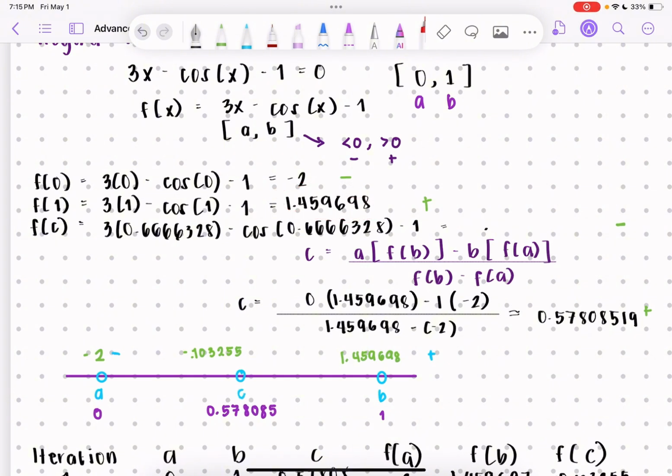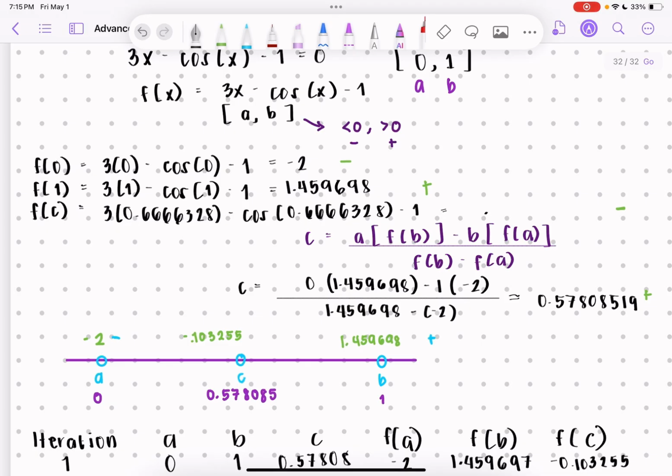Now you're going to solve for C after looking for the values of F of A and F of B. That's A multiplied by F of B, minus B multiplied by F of A, divided by F of B minus F of A. Since F of A equals -2, and F of B is equal to 1.459698, minus B, which is 1, and F of A, which is -2, divided by F of B minus F of A. And that would give us 0.578088519.